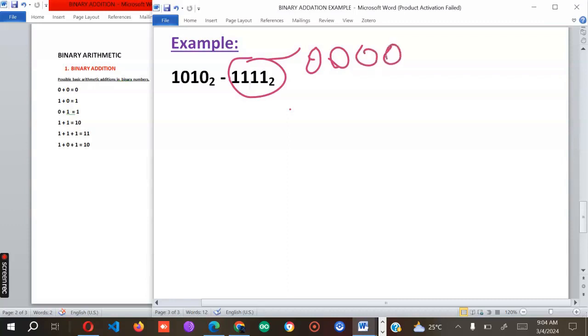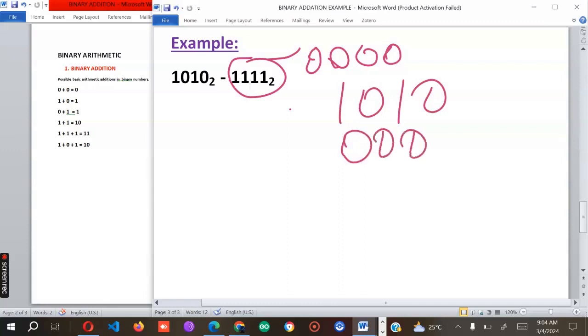Then after that, you go directly to the addition. 1, 0, 1, 0. Then we have 0, 0, 0, 0. Then 0 plus 0 is 0. 1 plus 0 is 1.